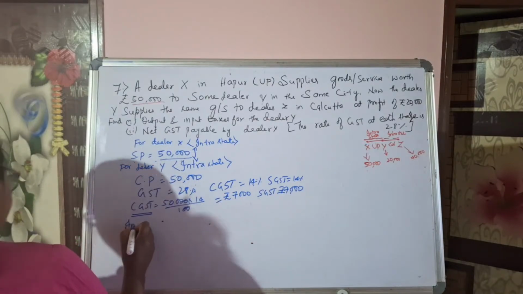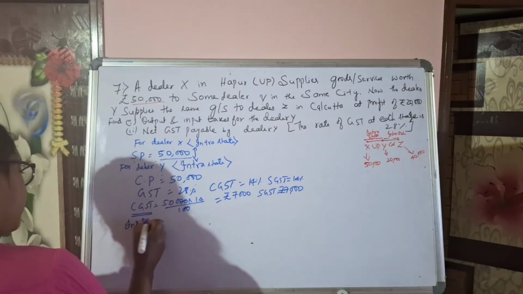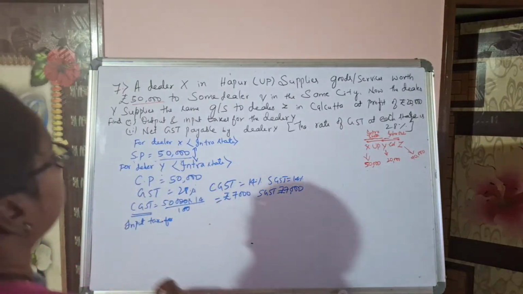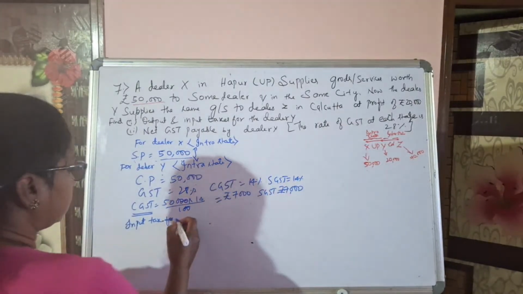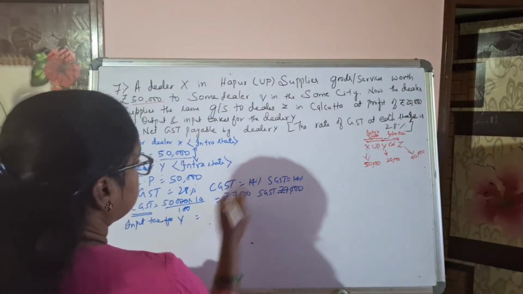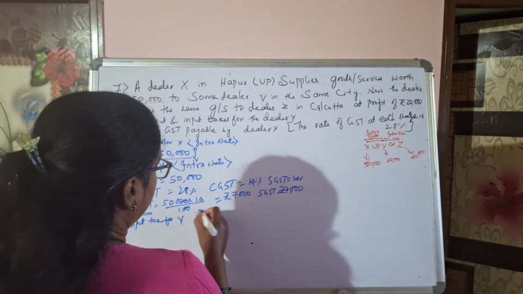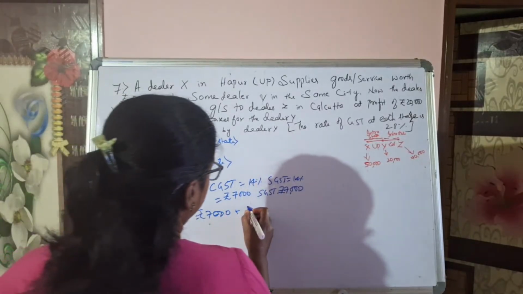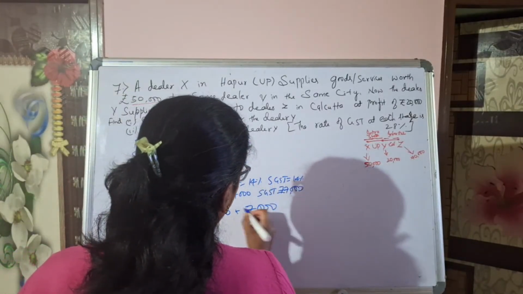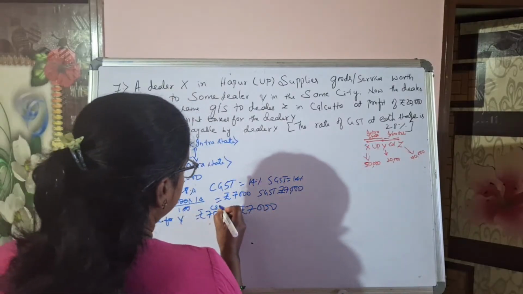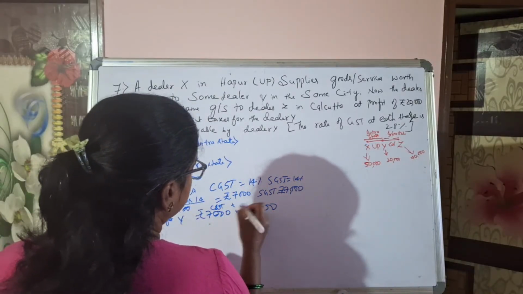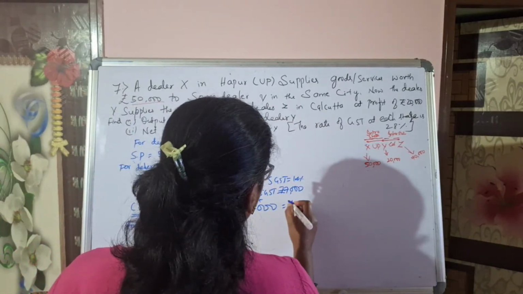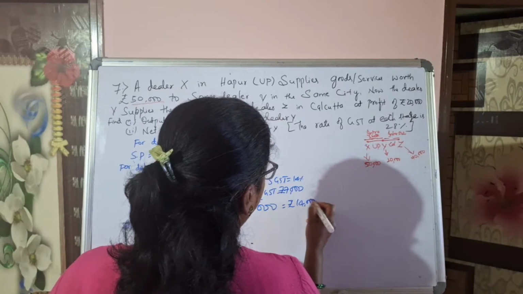So the input tax for dealer Y is 7,000 plus rupees 7,000, that is CGST plus SGST. So input tax is equal to rupees 14,000.